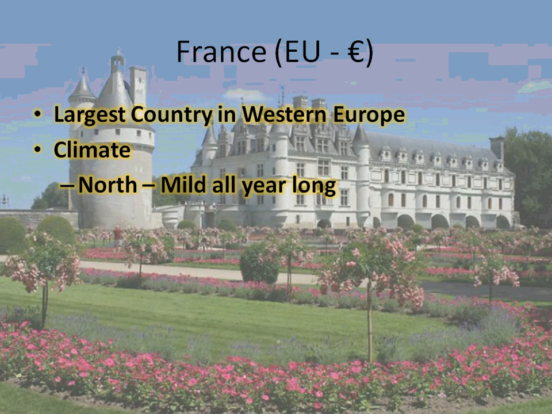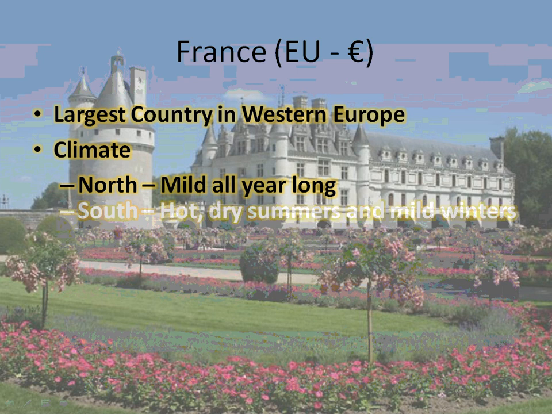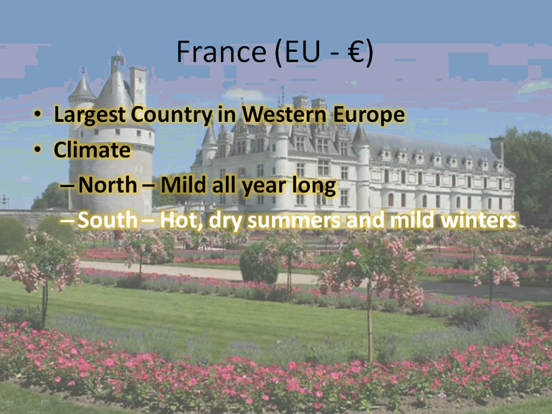In the summer, it's hot and dry, and in the winter, no, it's not freezing cold. No. Because the southern part of France is where you get the French Riviera, the beaches. Yeah, it's mild in the winter, and that's when it rains. It rains in the winter time there. So in the south, it's hot and dry summers and mild winters.